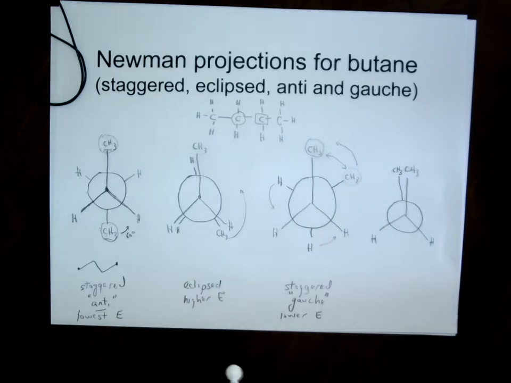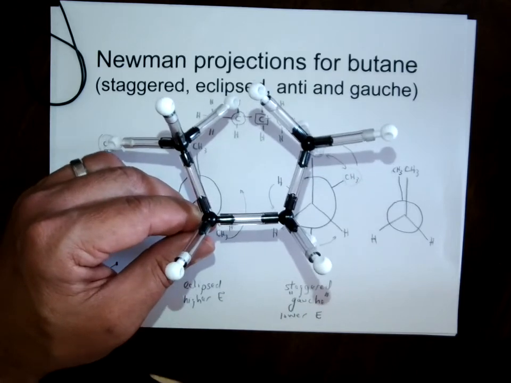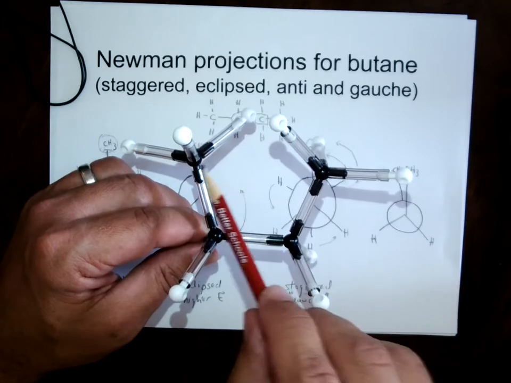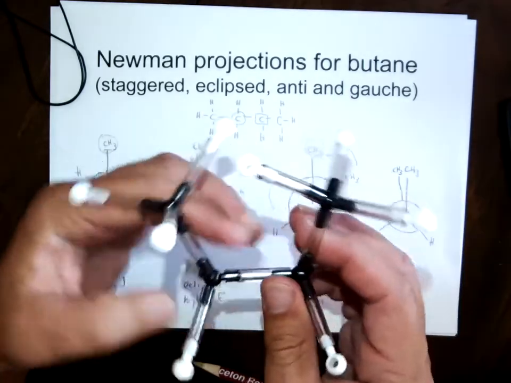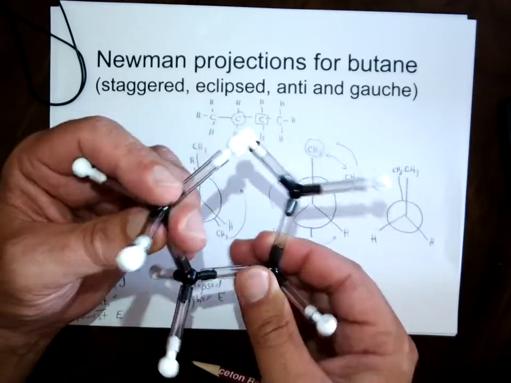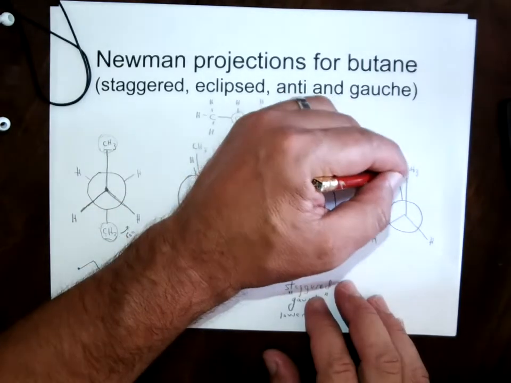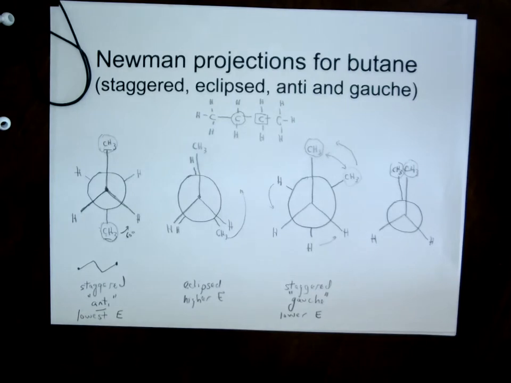And you can see how close these guys are getting. If I put this on its side, notice these two, carbon 1 and carbon 4, are lined up. And now if these start rotating, these hydrogens will literally smack into each other. Stop touching me, stop touching me. So that's why it's higher in energy, because the two largest groups on C2 and C3 are the methyls, and now they're perfectly lined up and very close to each other.